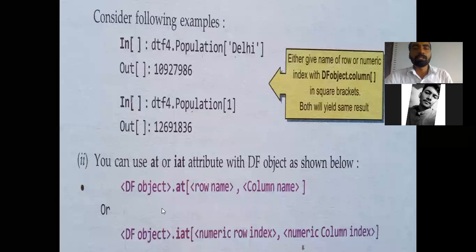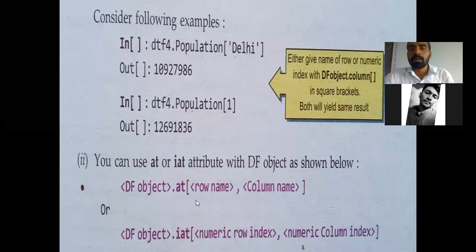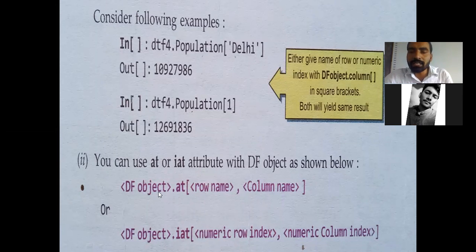Except that, you can also use the at function. There is the at method or iat method. This attribute can also be used with the df object to access the value. Now kindly see how to use this at and iat. Just as we write the loc function and iloc, in the same manner we write at and iat.